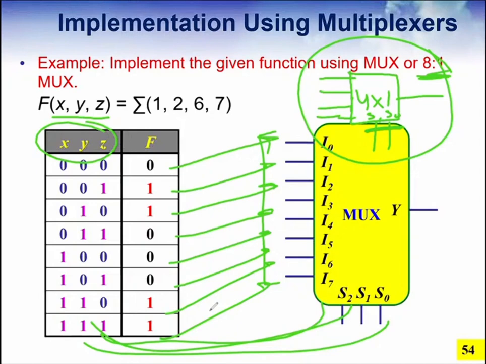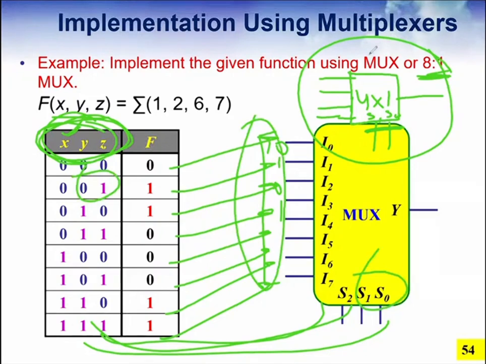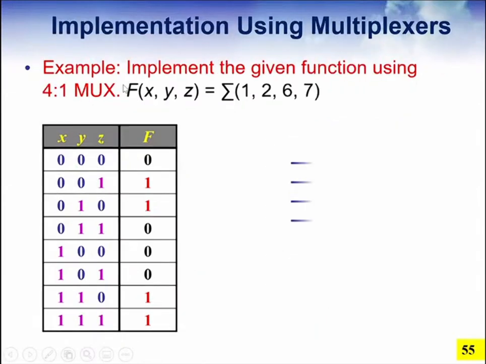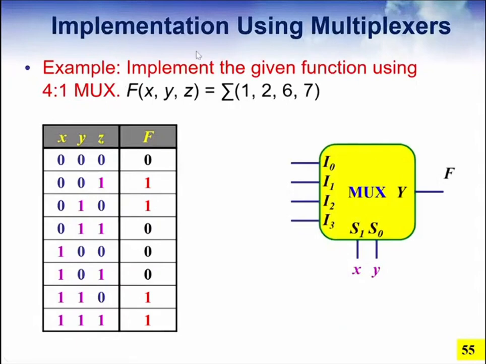Rather than choosing inputs 0, 1, 0, 1, we decide that any particular input, X, Y, or Z, is going to be the input, and the other 2 are going to be the selection lines. See this function.